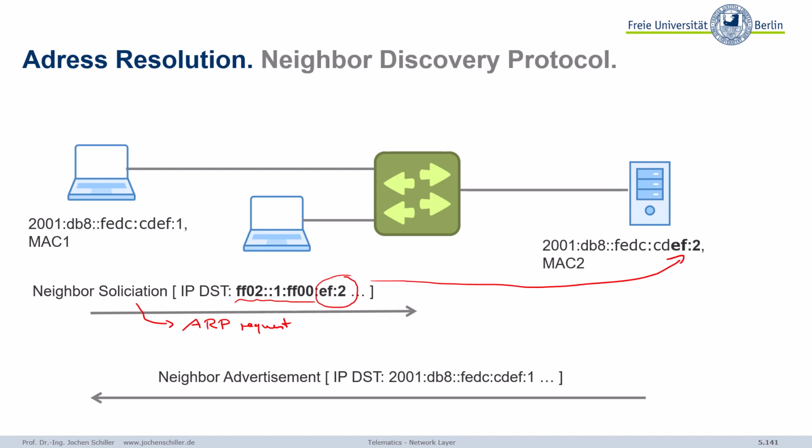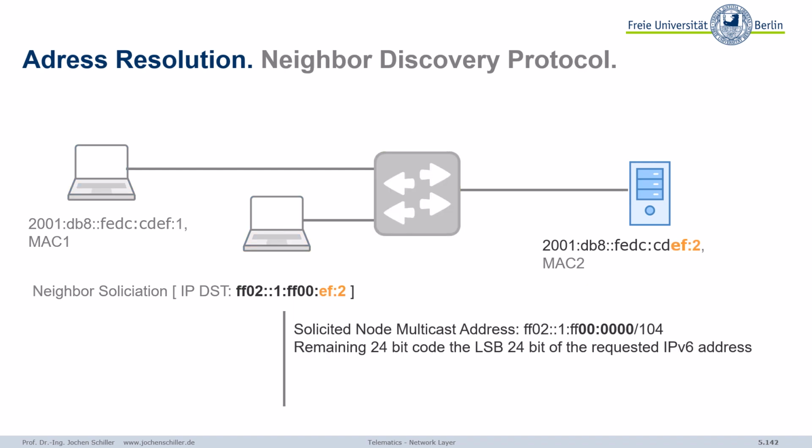And then I will get my ARP reply, my response here, telling, okay, in the end, this is the MAC address that belongs to this IP address. So that's the idea here, that we have a special address.